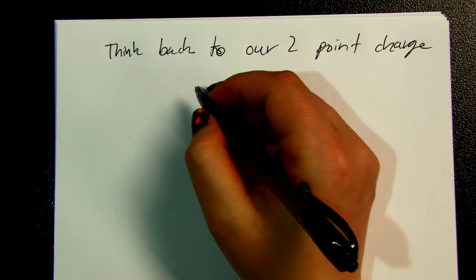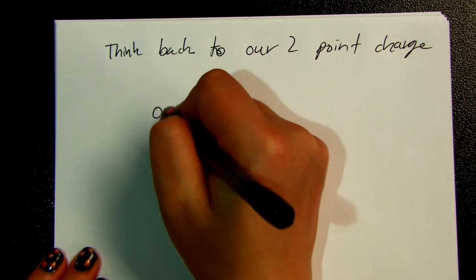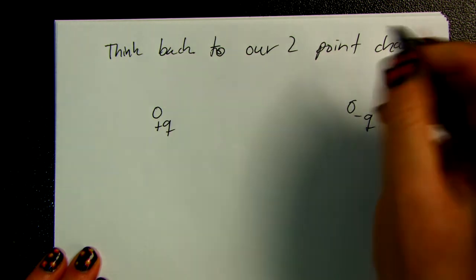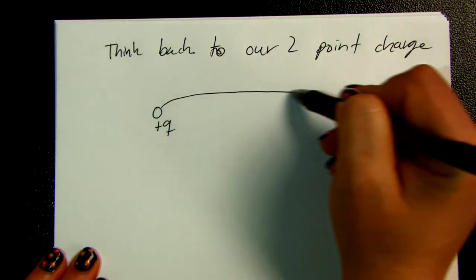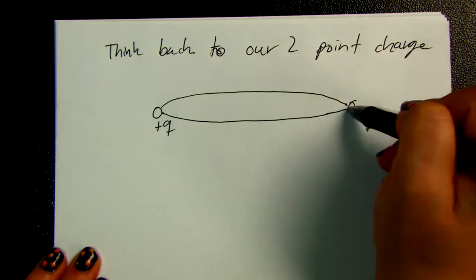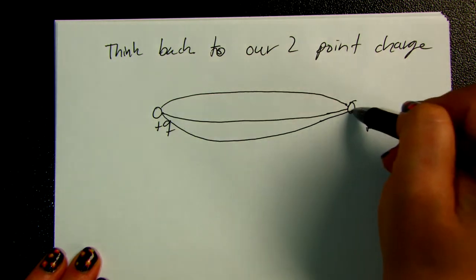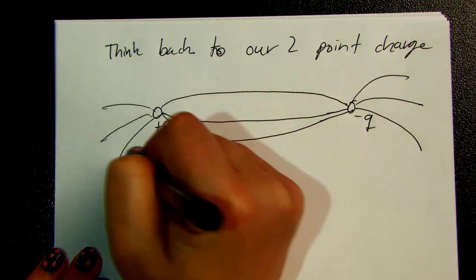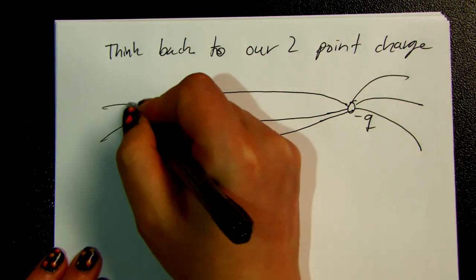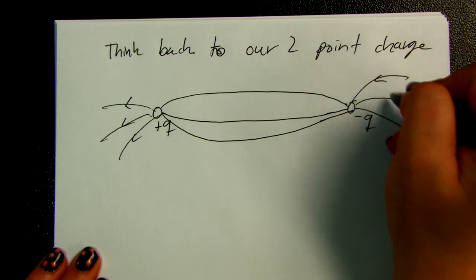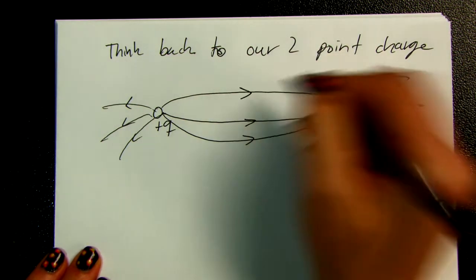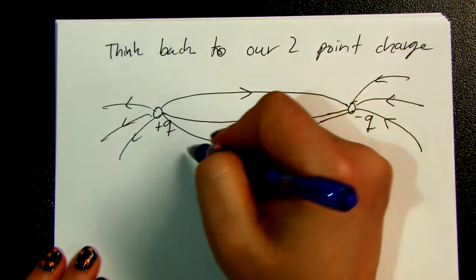So this would be the situation where we have the positive charge and the negative charge, and we can see that there's the distortion of the lines. Let's put some Gaussian surfaces around them.